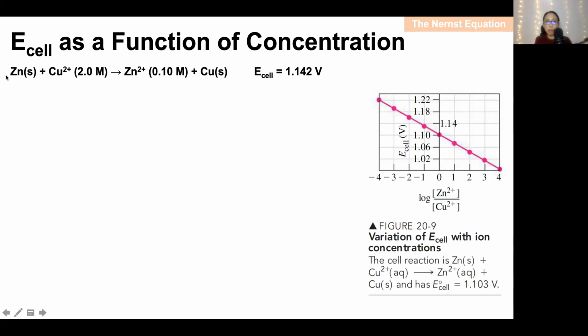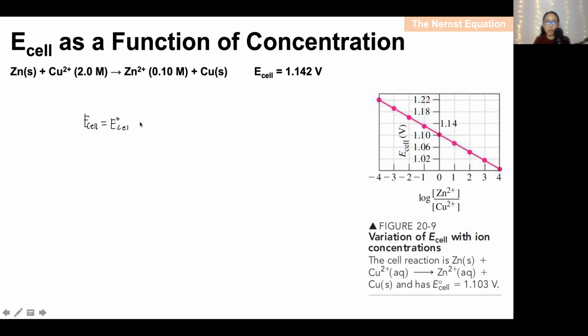So if we have this redox reaction, you have copper 2 ions with a concentration of 2 molar and zinc ions with a concentration of 0.1 molar. These are non-standard states. You will measure a different cell potential. It's not the standard cell potential anymore. So again, this relationship is expressed in your Nernst equation.